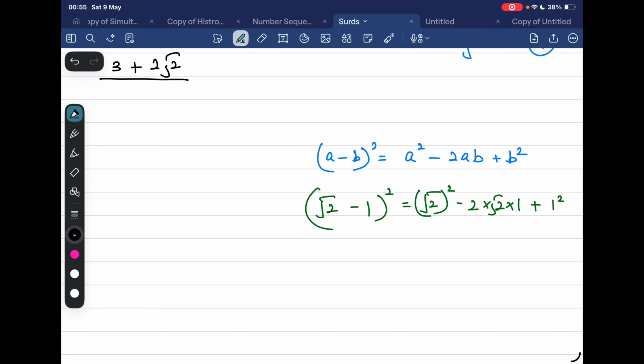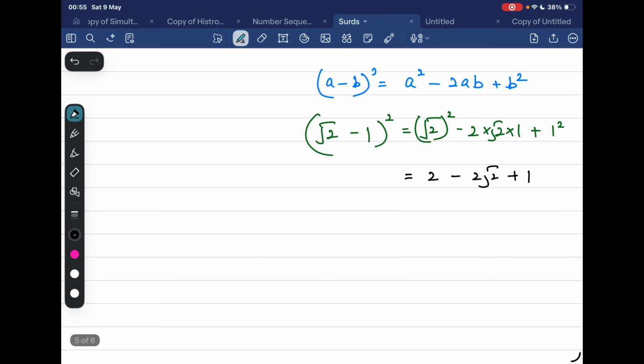Root 2 squared is 2, minus 2 times 1 means 2 root 2, plus 1. When we simplify further, 2 plus 1 is 3, so 3 minus 2 root 2.